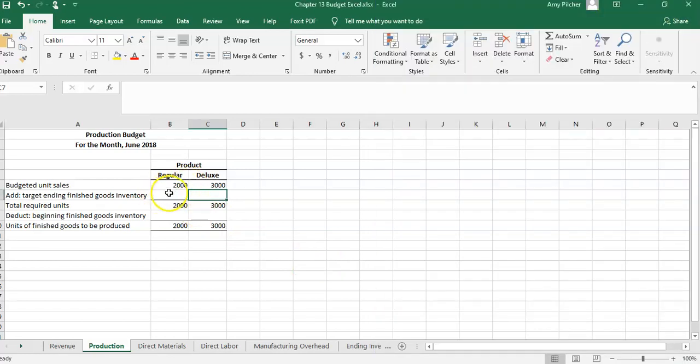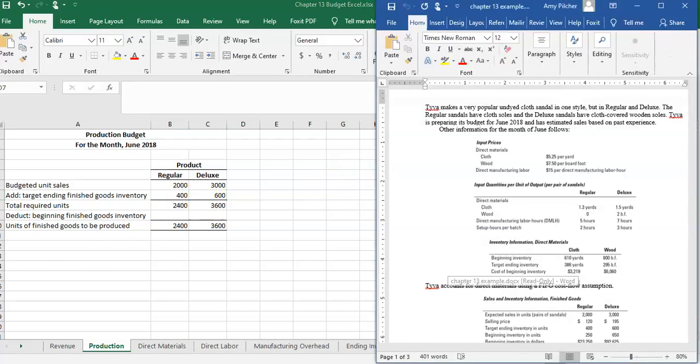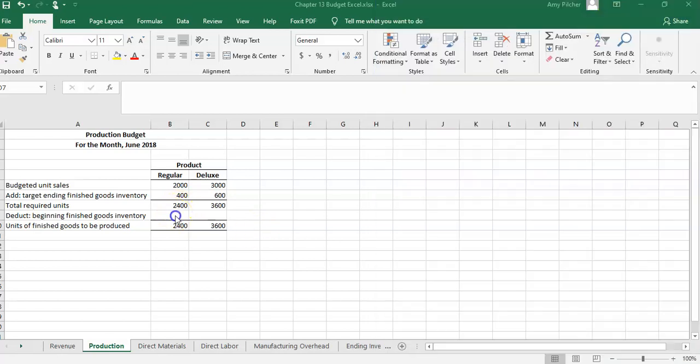We've already added our budgeted unit sales, and then we have our target inventory of 400 and 600. From that, we will deduct our beginning finished goods inventory. Our example tells us that we have 250 beginning inventory of regular and 650 of deluxe.